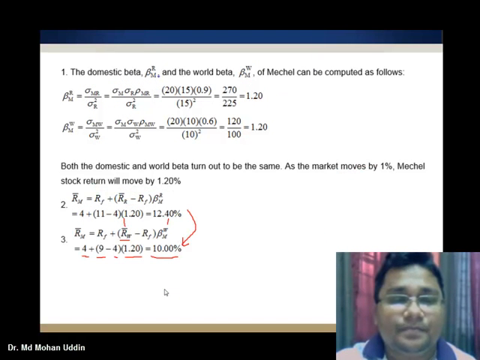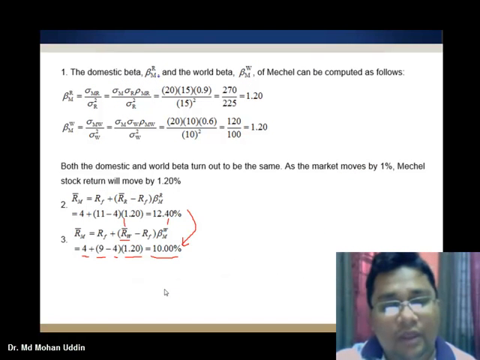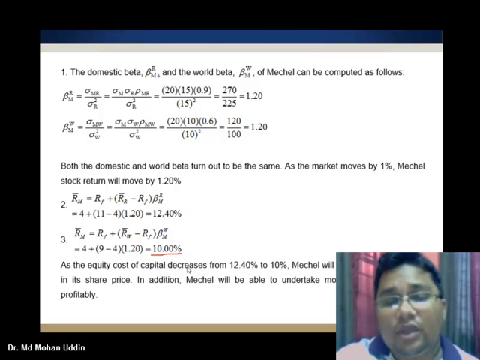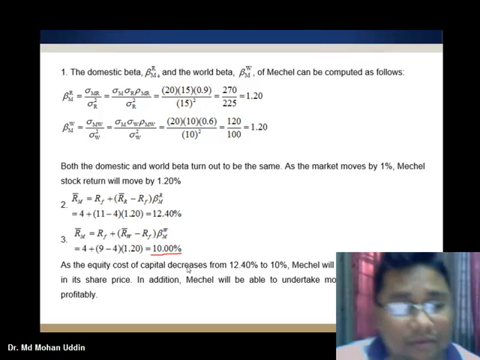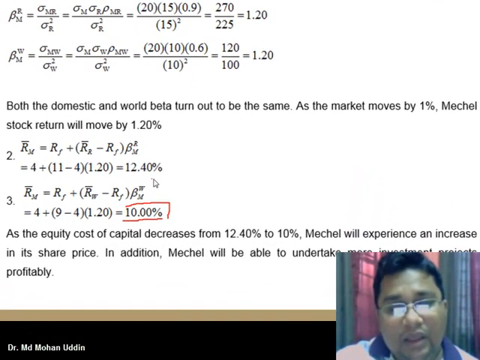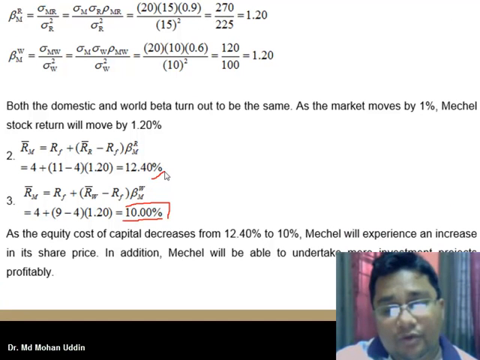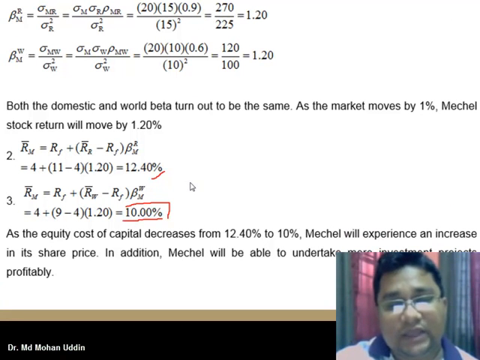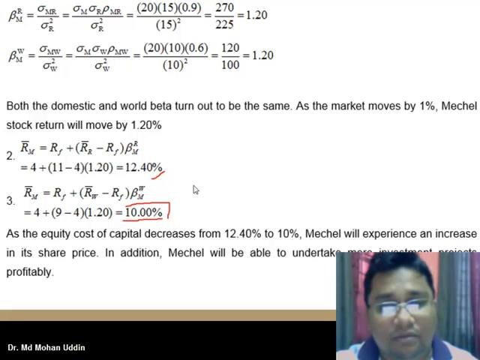When we have our expected return on equity, we can say the equity cost of capital is 10% and it is lower than 12.4%, which was the case of the segmented Russian market.